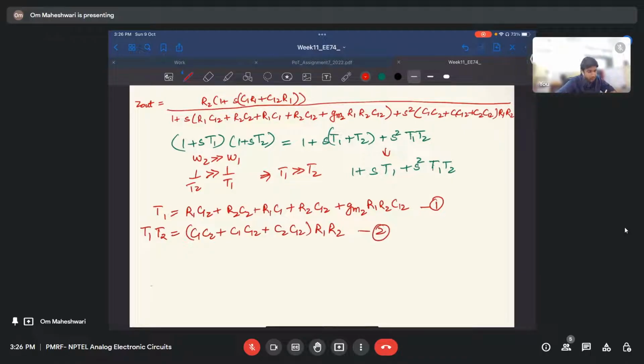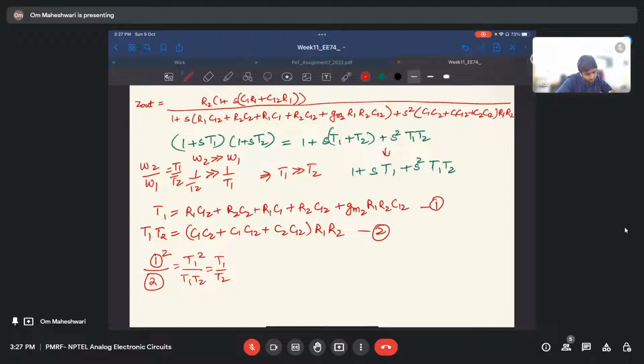So what we have to find? We have to find the ratio of the two poles, right? So the ratio of the two poles, let's say W2 by W1, will be T1 by T2, right? To find T1 by T2, what we can do is equation 1 square by equation 2. It will give T1 square by T1 T2 equal to T1 by T2, right?